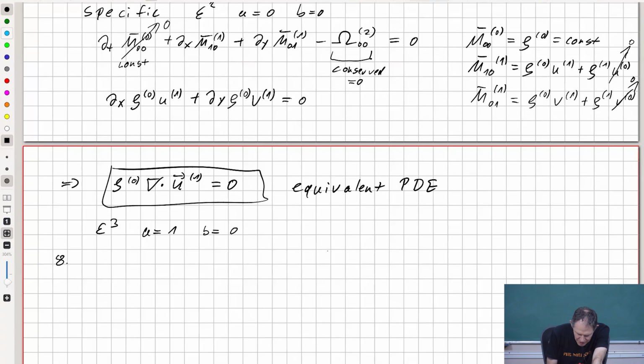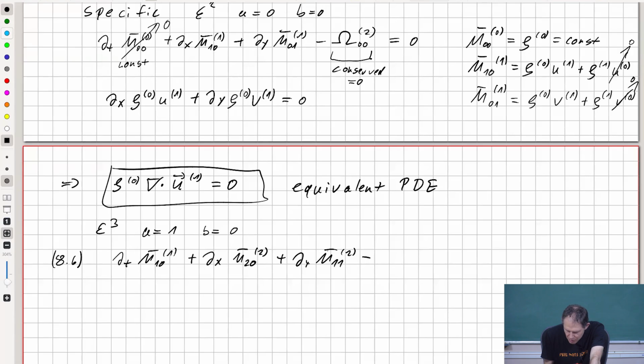This gives us equation 8.6: ∂t m₁₀ to first order plus ∂x m₂₀ bar to second order plus ∂y m₁₁ to second order minus omega₁₀ to third order is equal to 0.